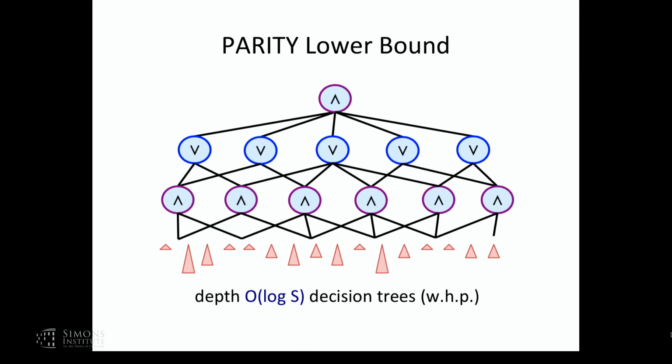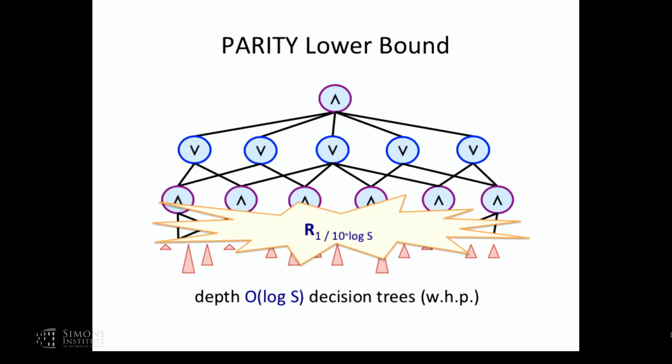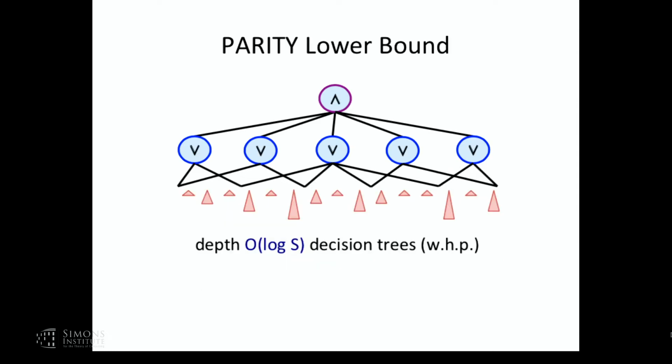Well now, assuming that this holds, then we're going to next apply a random restriction with p equal to 1 over 10 log s. And we're going to apply the switching lemma with respect to these CNFs, or these ANDs of decision trees. And again, we get the same picture. We get depth order log s decision trees with high probability.